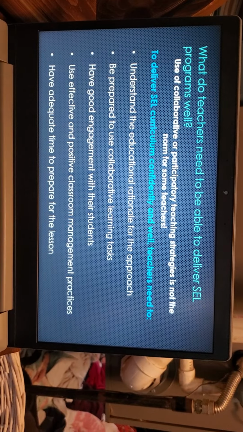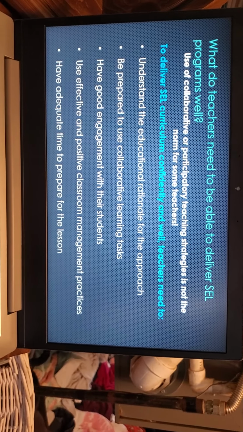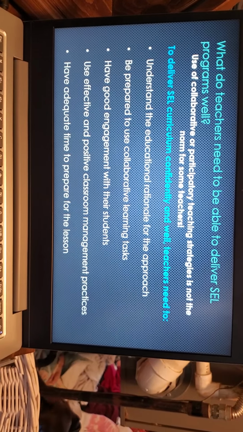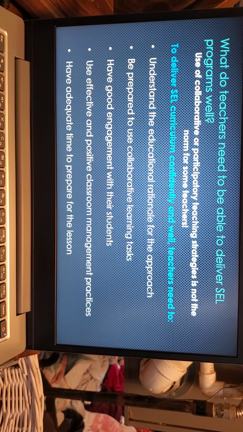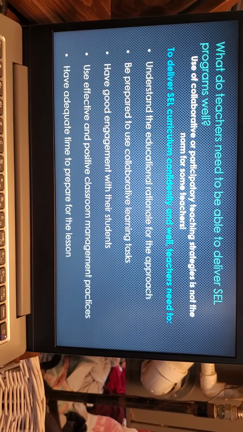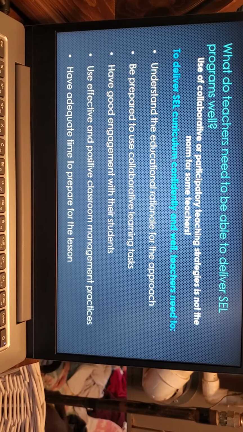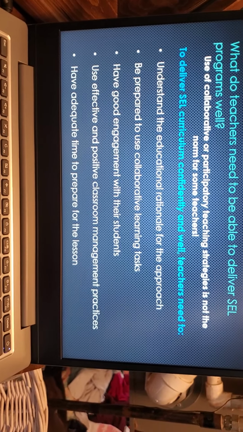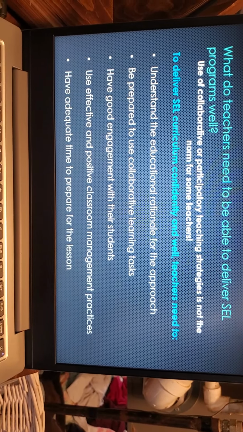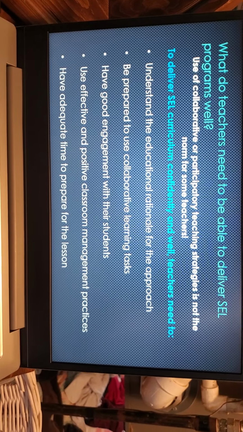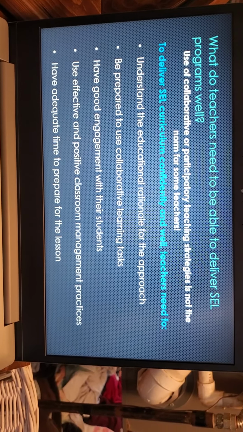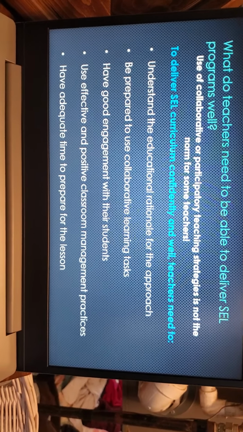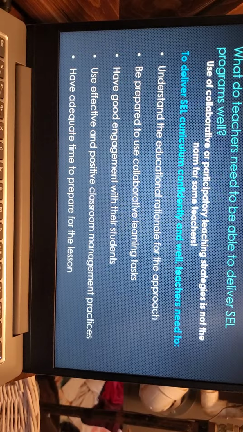And then what do teachers need to be able to do to deliver SEL programs well? The use of collaborative or participatory teaching strategies is not the norm for some teachers. So the teacher also has to work on these SEL programs and techniques so that they can teach them also, because it is not something that comes naturally for everybody.